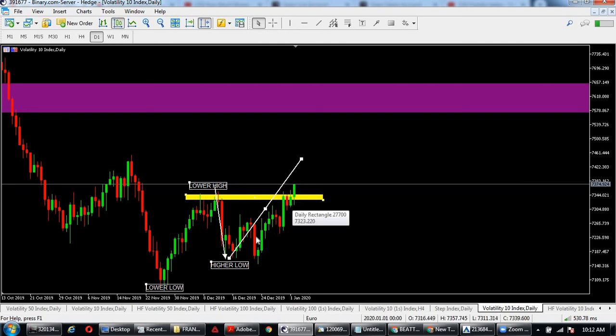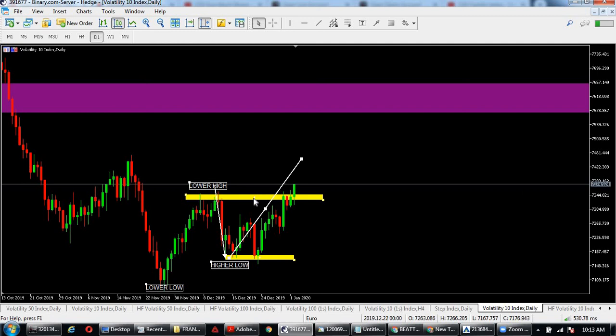So for some persons who could not enter the market right from this point, when price made a double bottom, which is a double W pattern from the daily time frame, we would have been waiting for a 4 hours breakout of this resistance to enter a buy on this pair, because then it's clearly obvious that the sentiment of the market has changed from a bearish structure to a bullish structure.